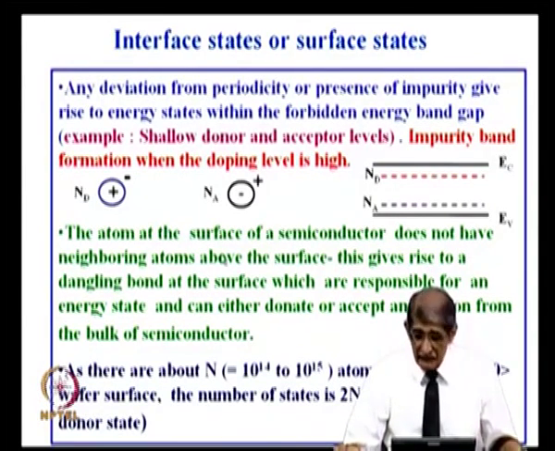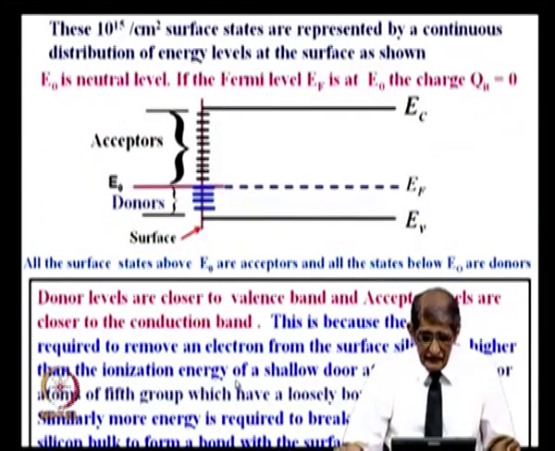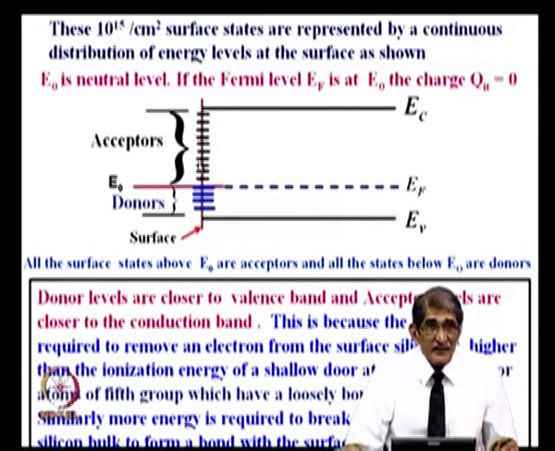Now, if there are a large number of surface atoms like this, each of those donor levels will split up into a band. See, the donor levels are below. Each of those acceptor states is split up into a band. That is why you put these acceptor states in the upper half, and donor levels below, and they are not single levels, several levels split up into a band of energy levels, because a large number of surface atoms are present.